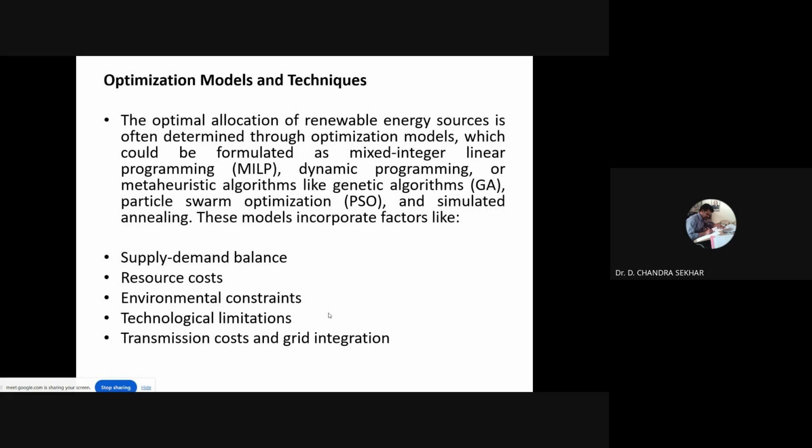There are various models: mixed integer linear programming, dynamic programming, meta-heuristic algorithms, particle swarm optimization, and fuzzy logic, and you can use various techniques. The factors include supply demand balance, resource cost, environmental constraints, technological limitations, transmission cost, and grid integration.